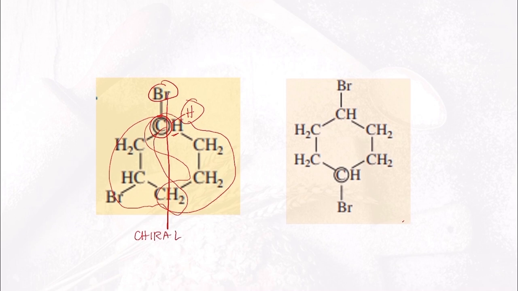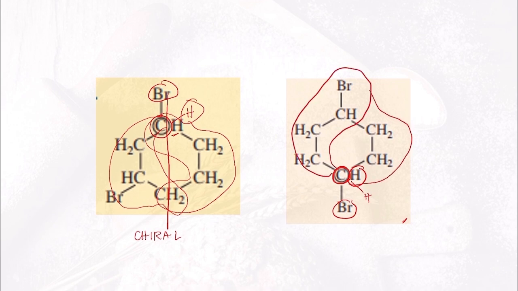Next, this one. This is what we will look at to see if it is chiral or achiral. So, we have 1, 2, hydrogen, 1, and 2. So, they are the same. This part is the same.